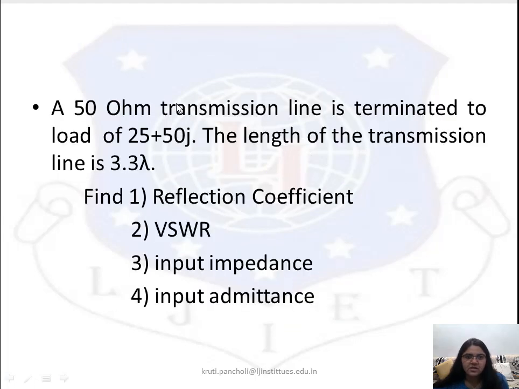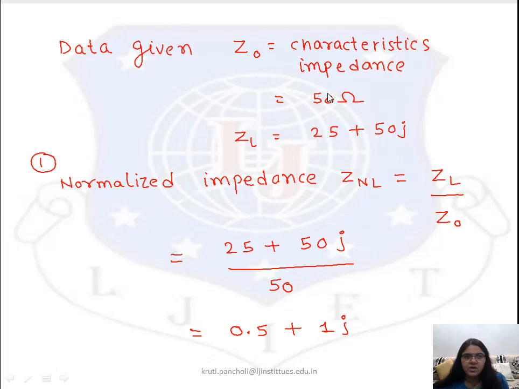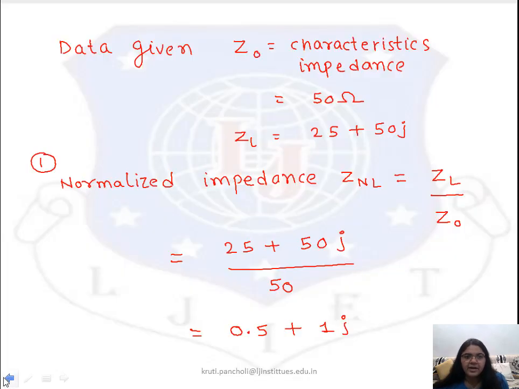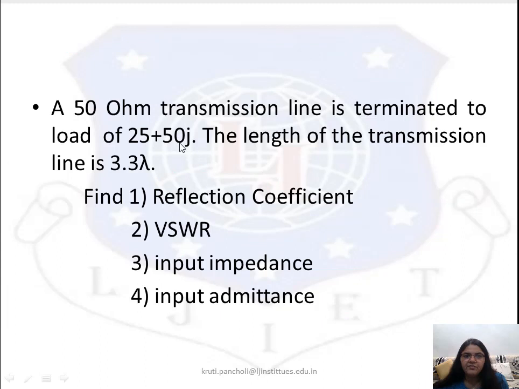So here the 50 ohm transmission line is the characteristic impedance, so I write over here Z0 is 50 ohm. Fine. The load impedance is 25 plus 50j.